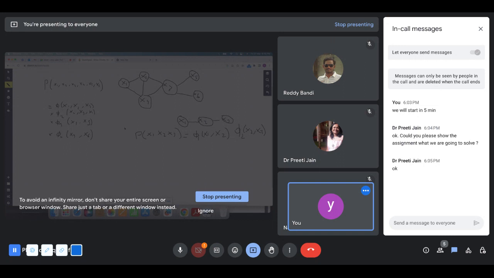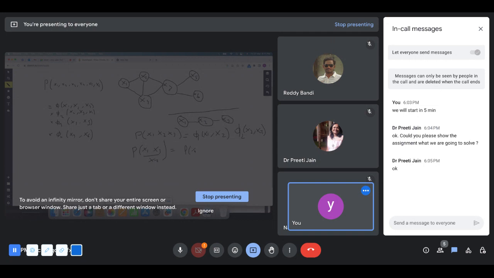We wanted to know the conditional dependence or independence of these three nodes. Whenever you express something like this, x1, x2, x3 as a function of x1, x2 and x2, x3, then you have this property: x1 and x3 are conditionally independent given x2.